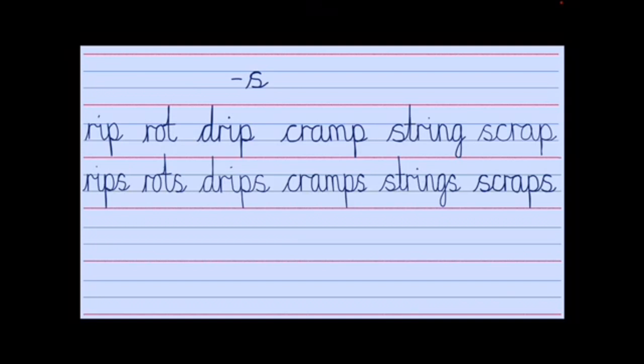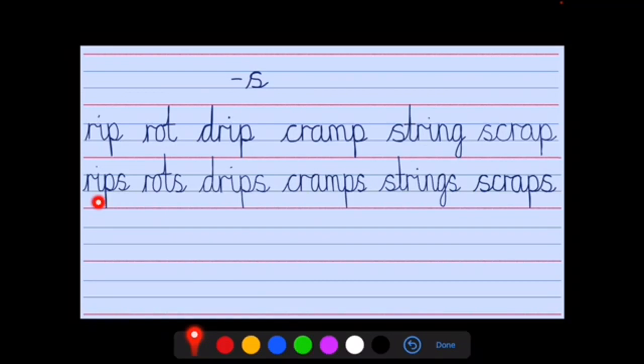If somebody scraps something, they don't need it. Scraps. Let's go over them again. Rips, rots, drips, cramps, strings, and scraps. So our just add suffix is really quite straightforward.